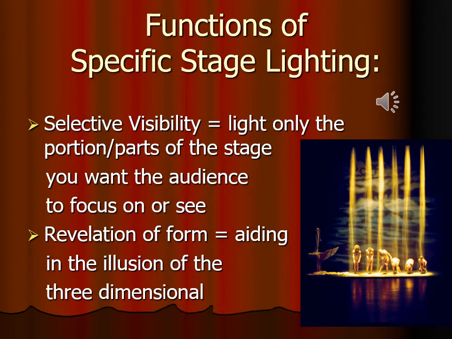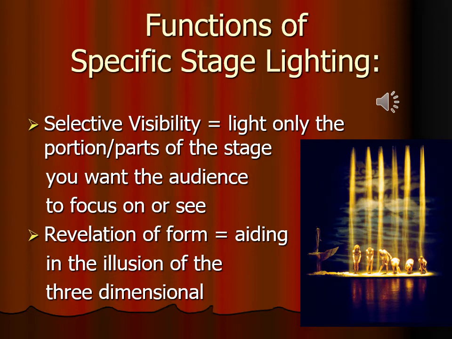The first function of stage lighting is what is called selective visibility, and it really is that. We are selecting what's going to be visible to the audience. We only light the parts of the stage you want your audience to see. This is great for scenic designers. I mentioned it earlier.